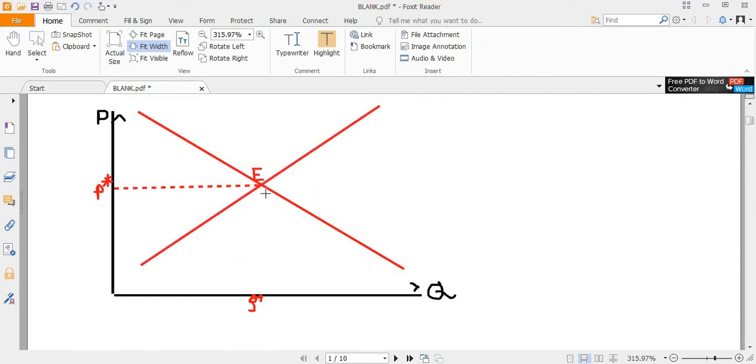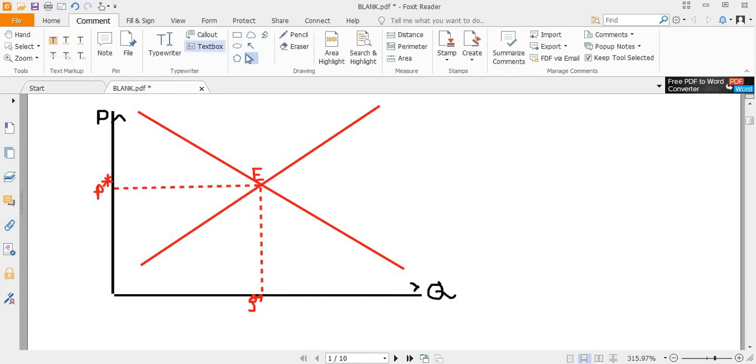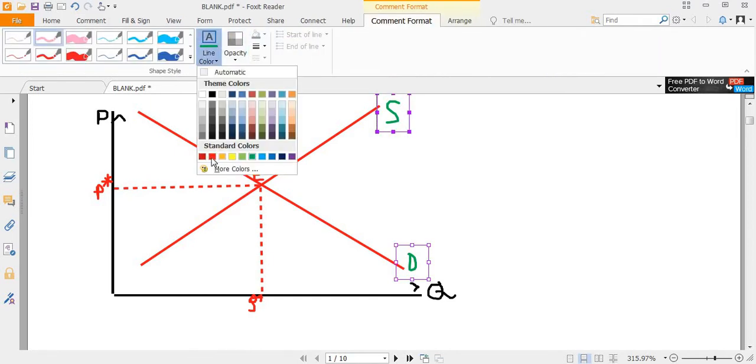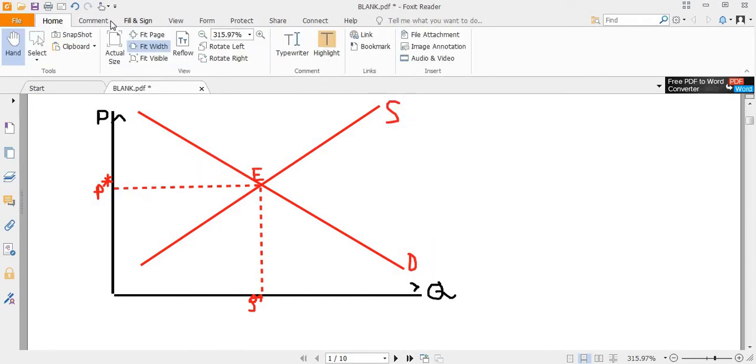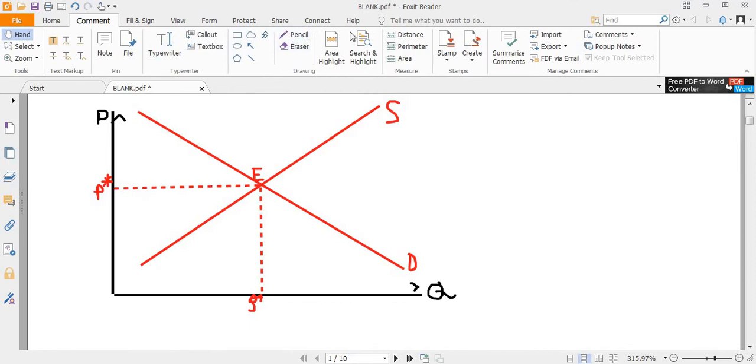Let me just mark them in red so it will be easier to determine which is the demand and supply curve. So this is the standard demand supply model that we have.